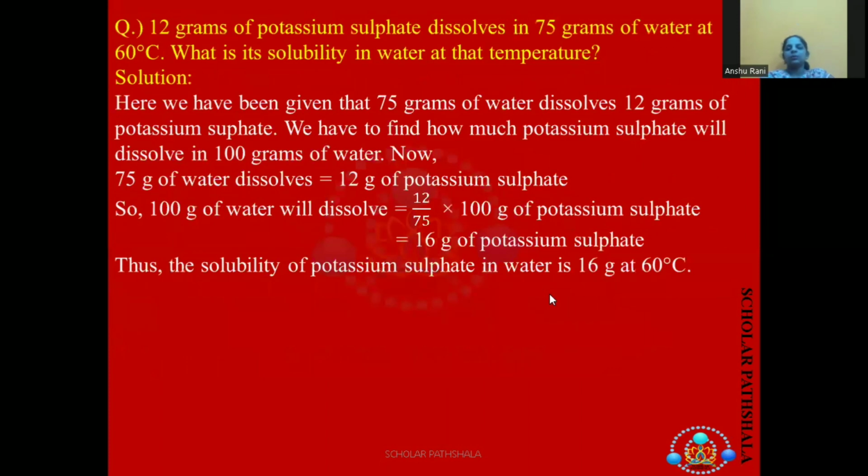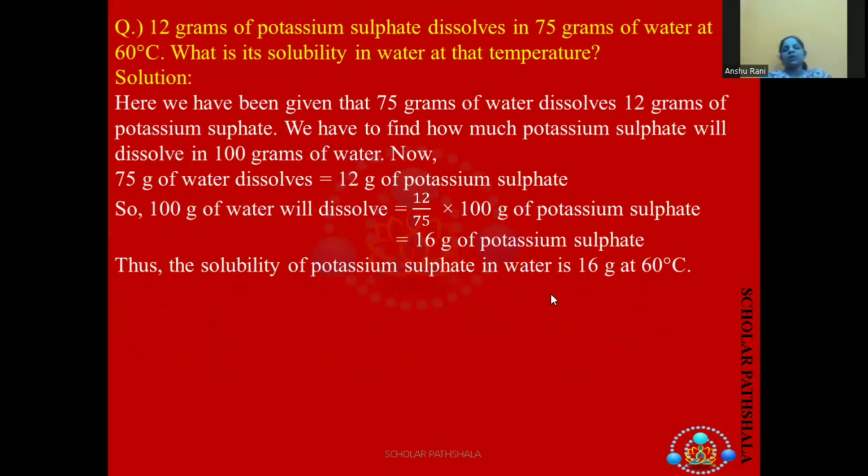But on increasing pressure, solubility of gas in liquid will increase. Like carbon dioxide gas is dissolved in soda water and cold drinks with the application of high pressure, because it can be dissolved with the application of pressure. Question: 12 grams of potassium sulphate dissolves in 75 grams of water at 60 degrees Celsius.